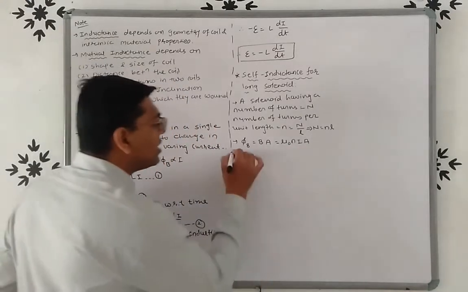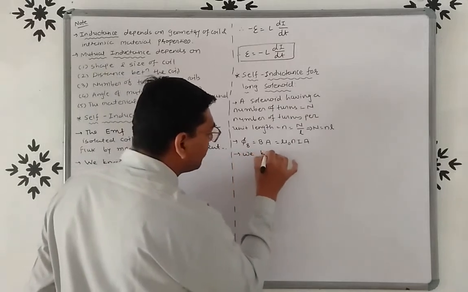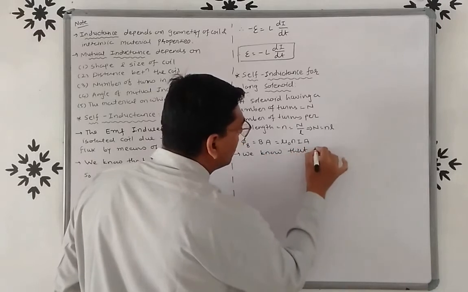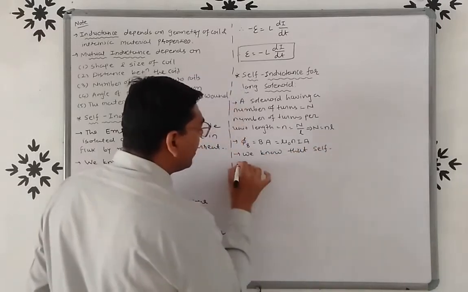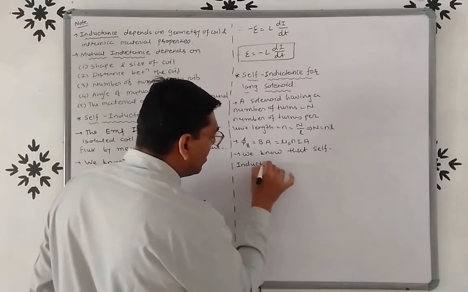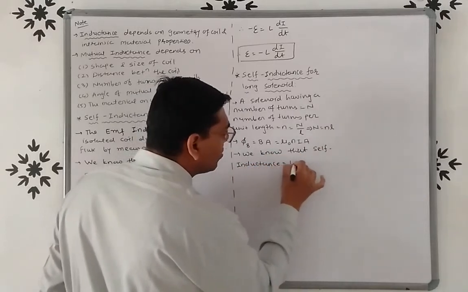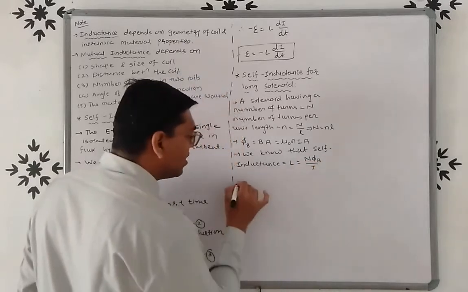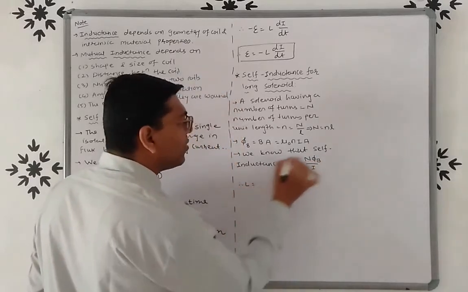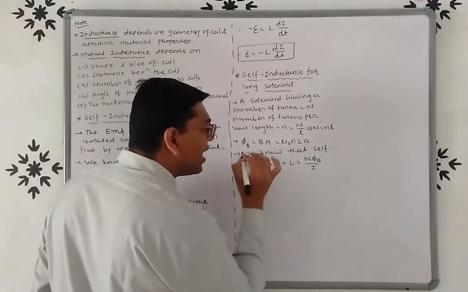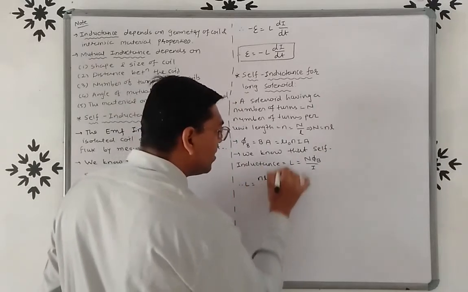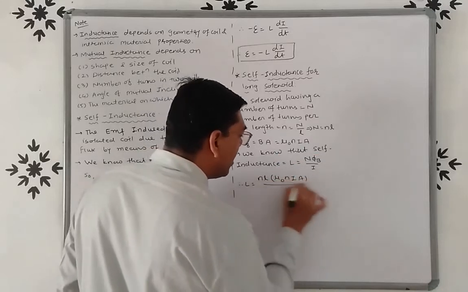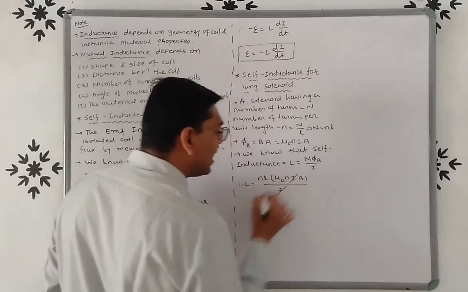Now we know that self-inductance L is equal to N phi B divided by I. So L is equal to the value of capital N, that is small n into L, times flux phi B, mu 0 n I A, divided by current I. Here I cancels.